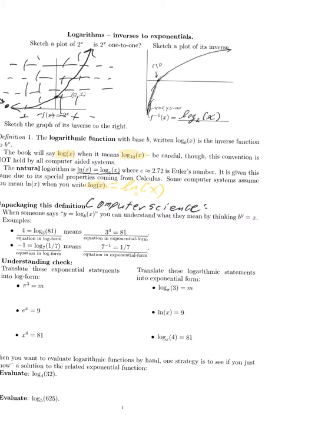So for a computer scientist, the log of x will mean the log base 2 of x. So if you're going to use a computer and you want to just write log of x, make sure you know which base you're in.